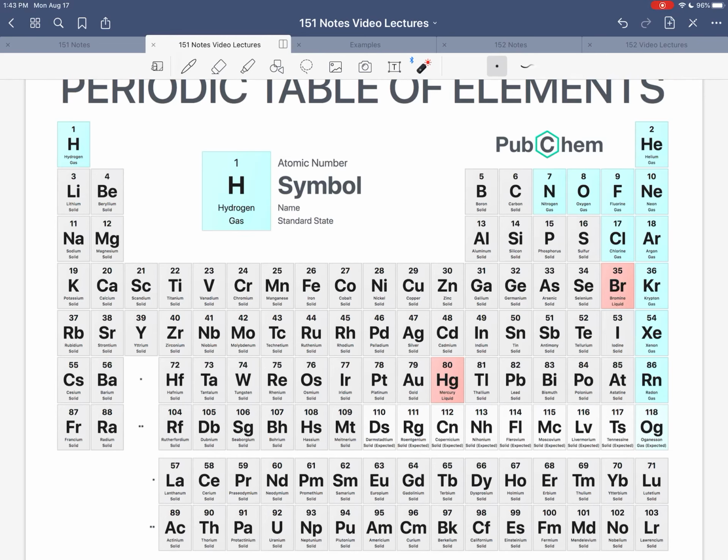So let's go over some of the names, just so we know. So hydrogen, lithium, Na is sodium, potassium, rubidium, cesium, francium. And some of them make a lot of sense, some of them not so much, because this one's Latin, natrium.